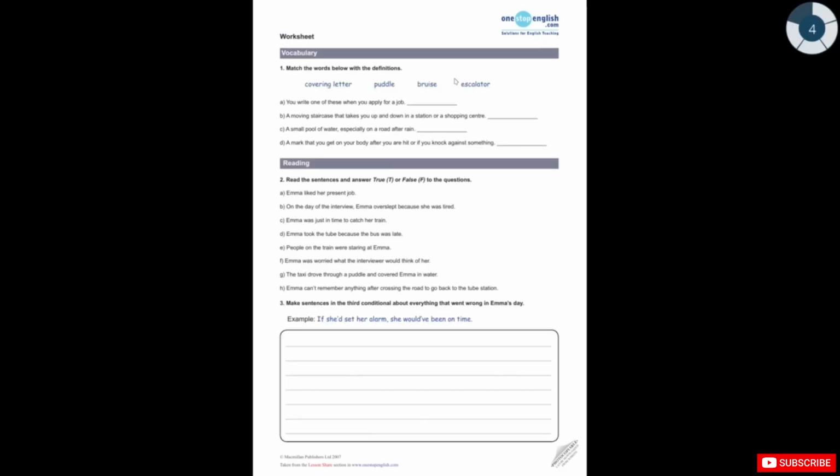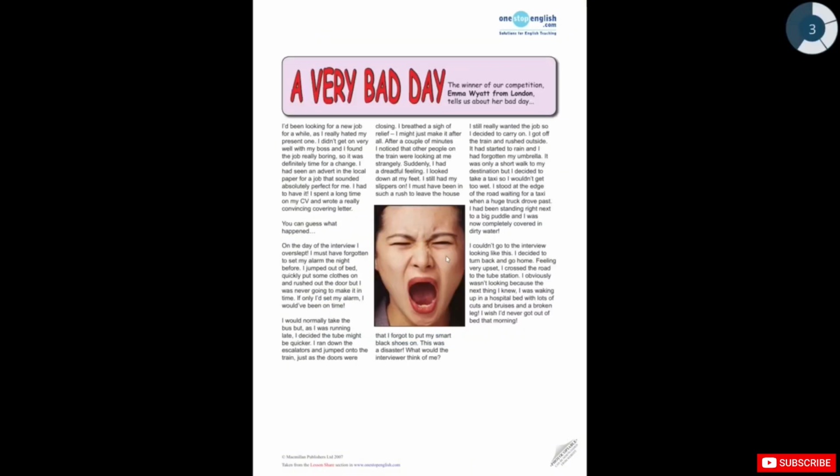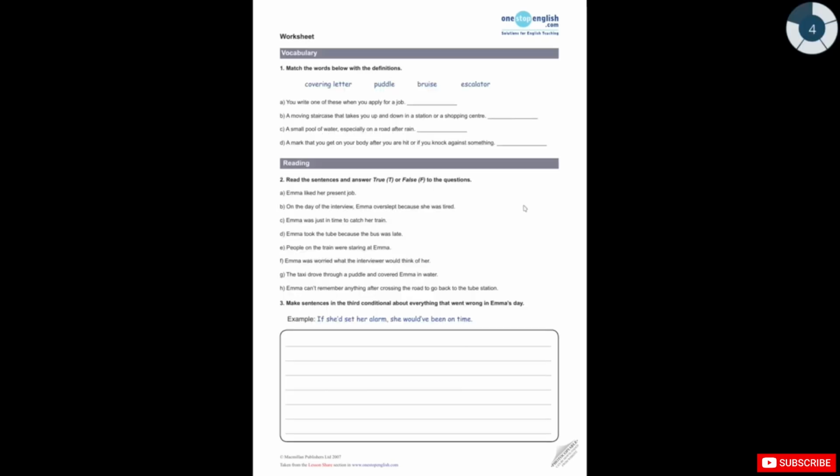And that's what we're going to do here in this section. Give them a chance to read through this article about this lady's bad day. First, we're just going to get the information back, but then we're going to imagine what would have happened. If she had set her alarm, she would have been on time. So that when they come to talk about their own bad day, they already have an idea. They have the situation, the scenario in their minds.